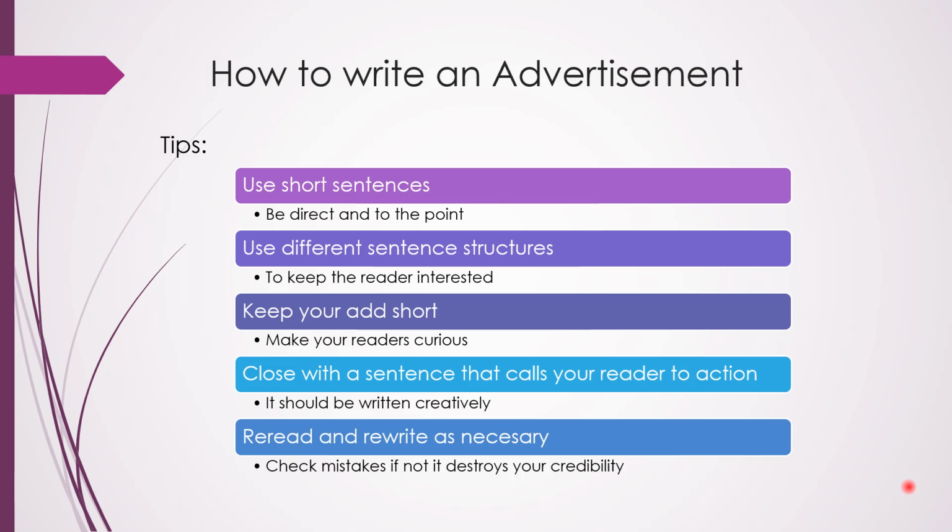You can rewrite it as many times as you need until it shows everything correctly. Why? Because if you check the mistakes, you are not going to destroy your credibility.